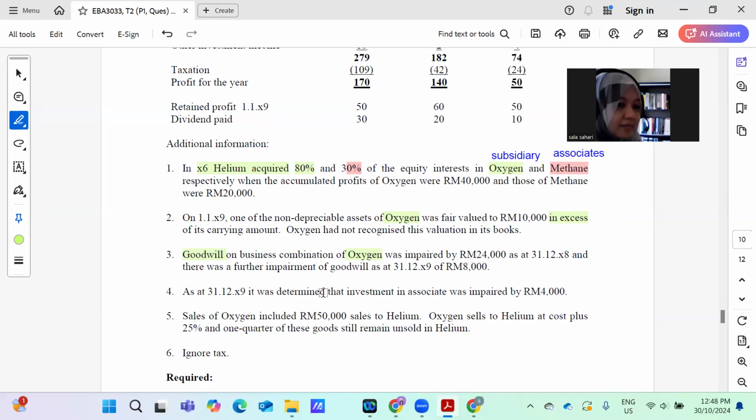And then number 4 is on associate. And then number 5 is sale of Oxygen, including sales to Helium. So in this case, sale of Oxygen to Helium is what we call inter-company transfer of asset. So in this case, is this upstream or downstream? This is sales of asset to the investor.